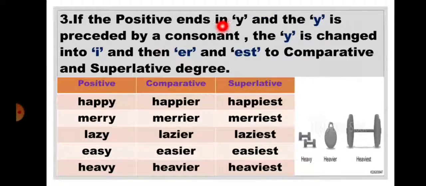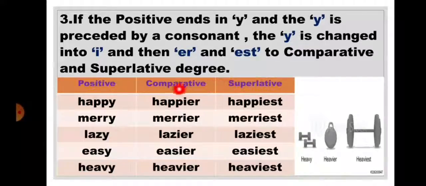Third, if the positive ends in Y and the Y is preceded by a consonant, the Y is changed into I and then ER and EST are added to form comparative and superlative degree. For example, in positive degree, the word happy is ending with Y and before that it has a consonant P. So we will replace Y with I and then we will add ER to the positive in order to make it a comparative degree, happier.